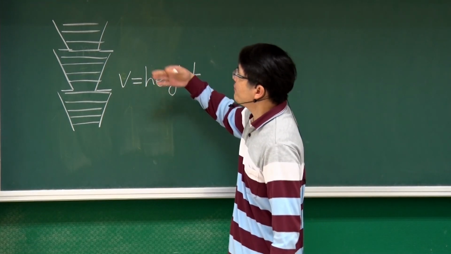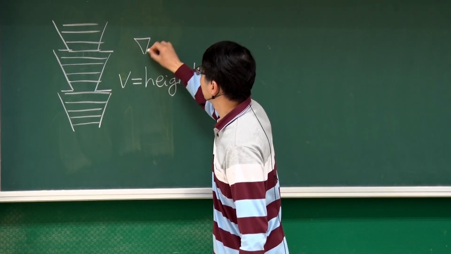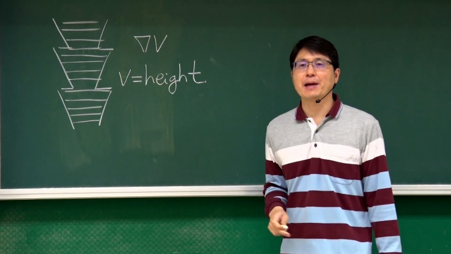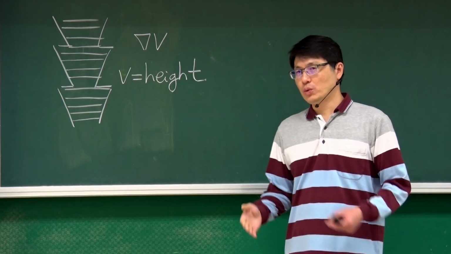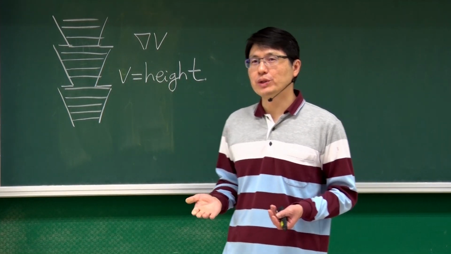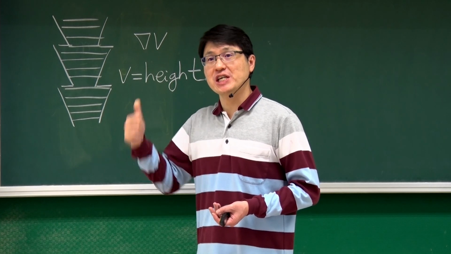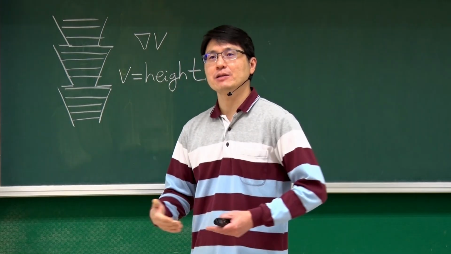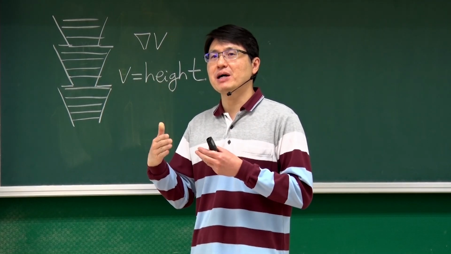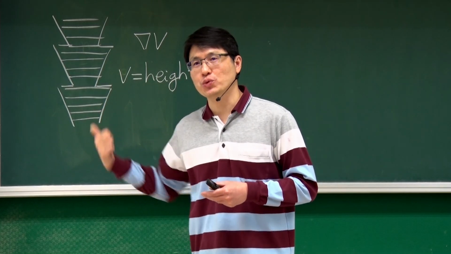So if you perform gradient of v for Taipei 101, which direction would it point to? The change in height, right? Gradient means the maximum amount of change and in which direction.